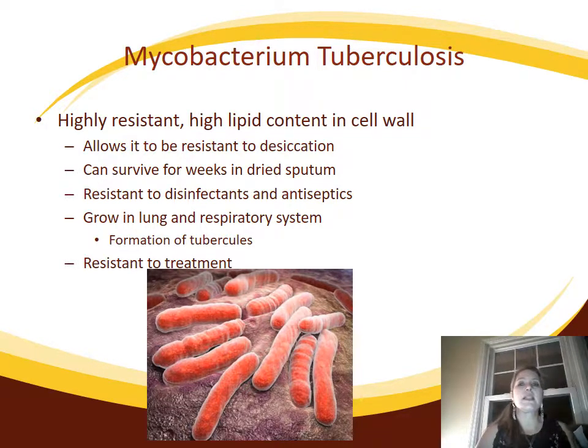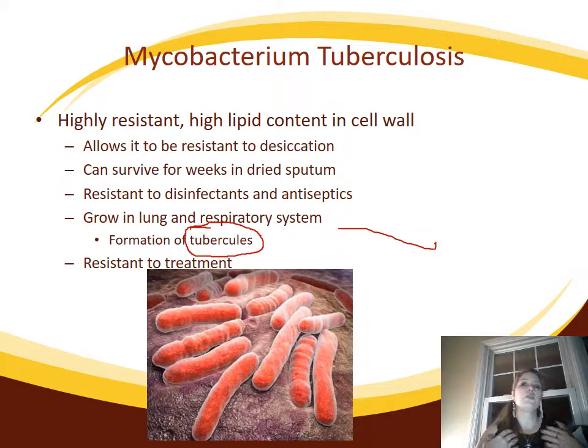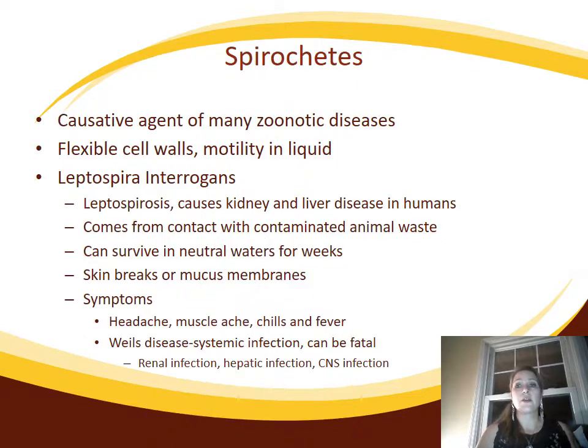What happens is that it gets into the respiratory system, attaches itself to the alveoli, and then forms these little nodules called tubercles. These tubercles are what cause the inability to breathe. And then the bursting of these tubercles causes the individual to cough up and spit blood. And it is very resistant to treatment.